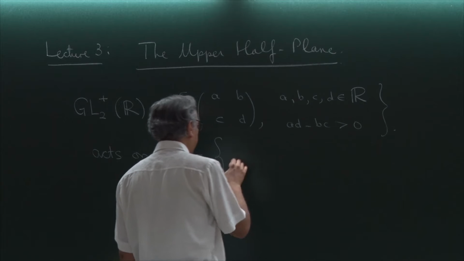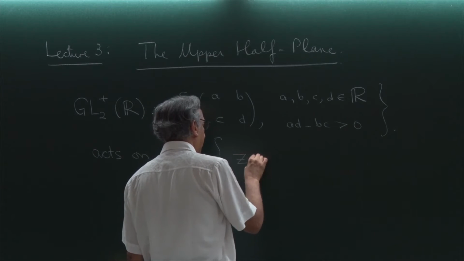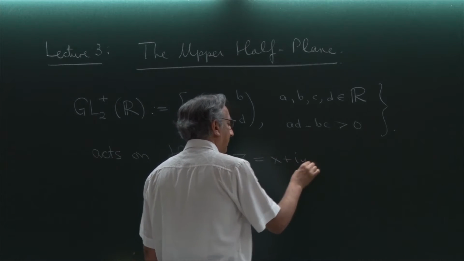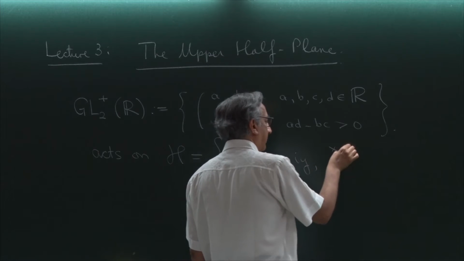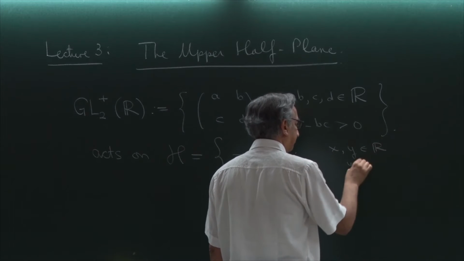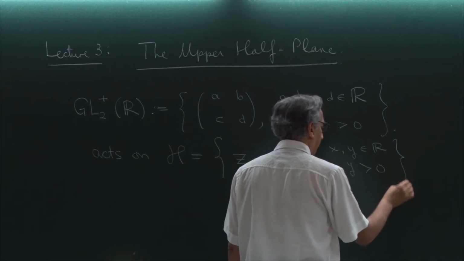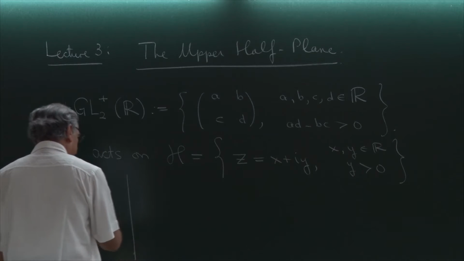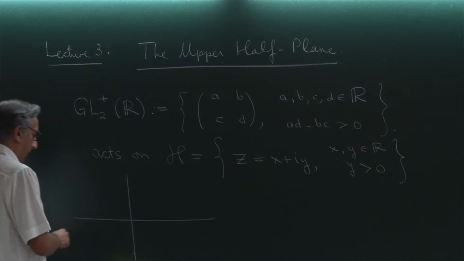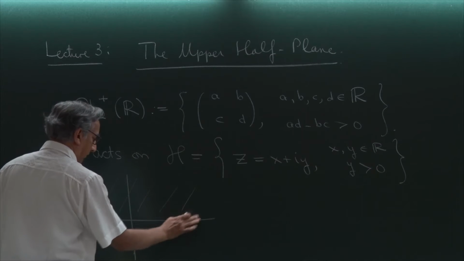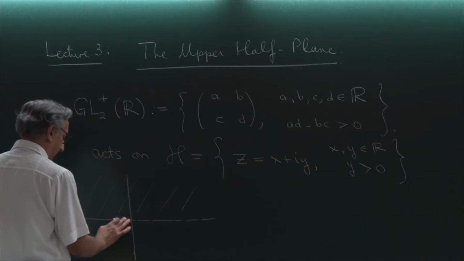The upper half space is the set of all complex numbers x plus iy, with x, y real, and y positive. So pictorially, you have the complex plane, and the upper half space is this region without the real line.